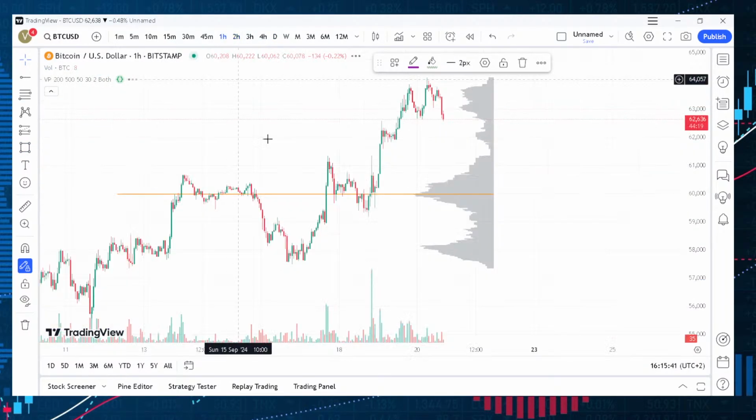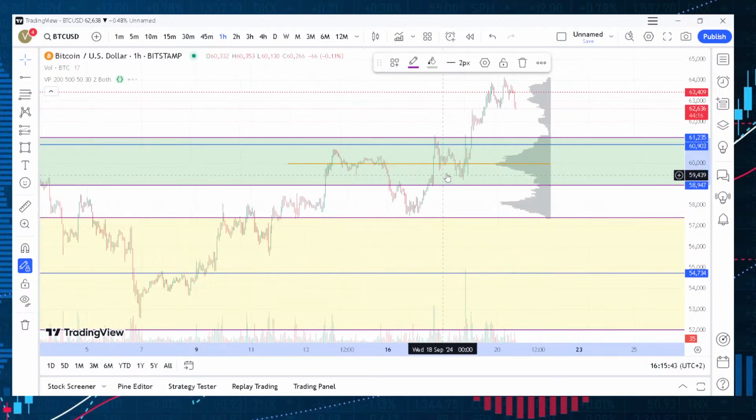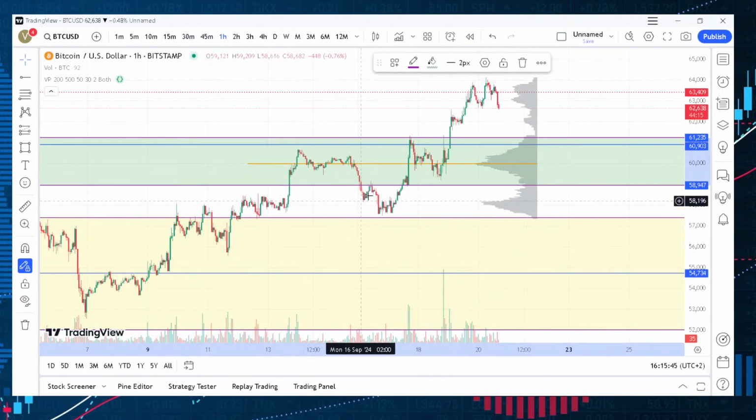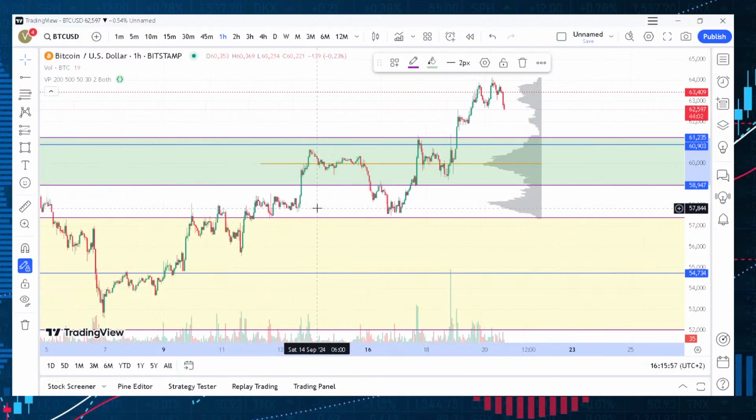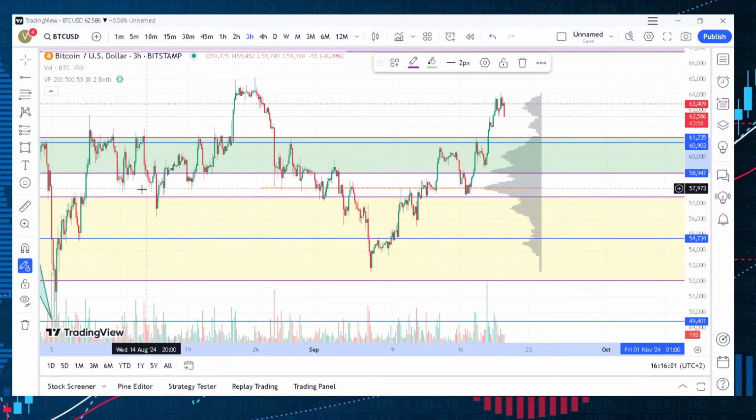Go on the 1 hour. Look, we are drawing another harmonic pattern. That's a harmonic pattern, right? That is another harmonic pattern, right there. That's huge, guys. Dynamic support is ultimately, let's go on the 3 hours.